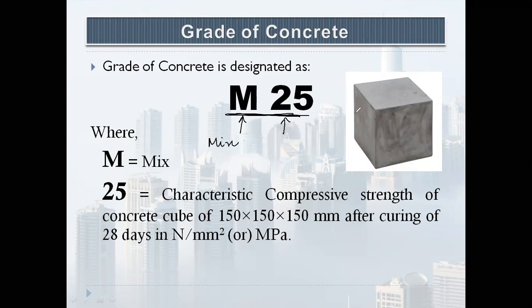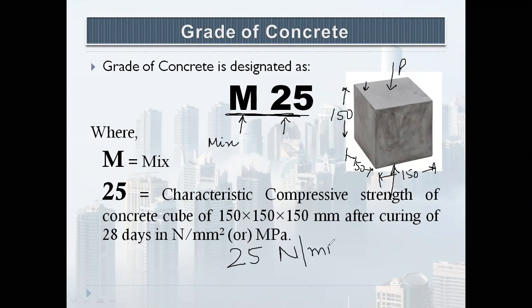If we take a cube of height 150, width 150, and length 150, and apply load, then the load taken by this concrete cube is 25 Newton per square mm.